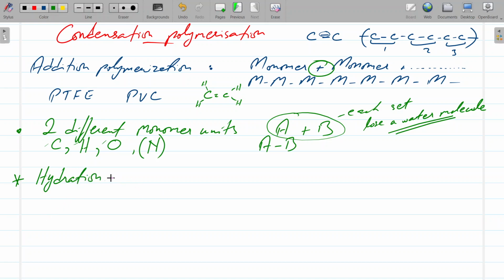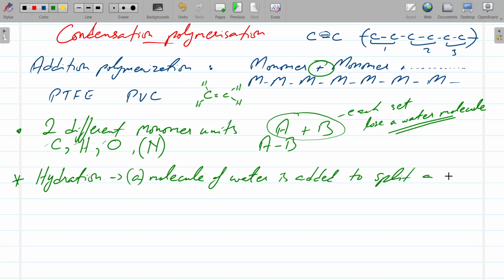That is when a molecule of water (depending on the kind of reaction, you might have more than one molecule of water) is added to split a larger molecule into smaller molecules.